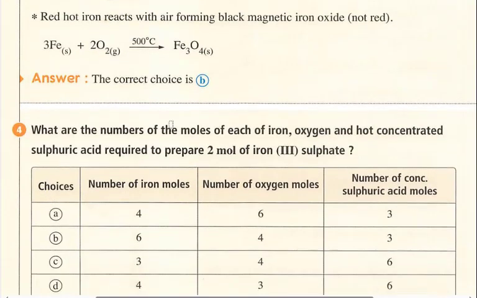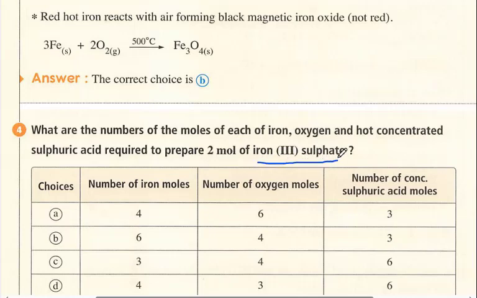What are the numbers of moles of each of iron, oxygen, and hot concentrated sulfuric acid needed to prepare 2 moles of iron 3 sulfate? Iron 3 sulfate refers to the reaction of ferric oxide, not a mixed oxide. It is ferric oxide, not ferrous oxide, because it only forms iron 3 sulfate.